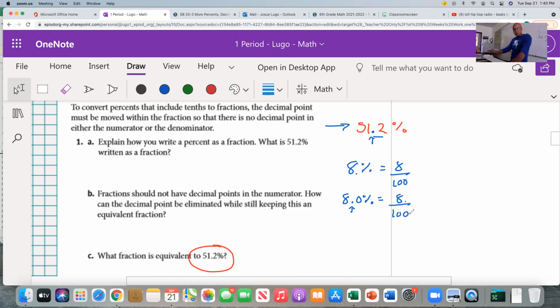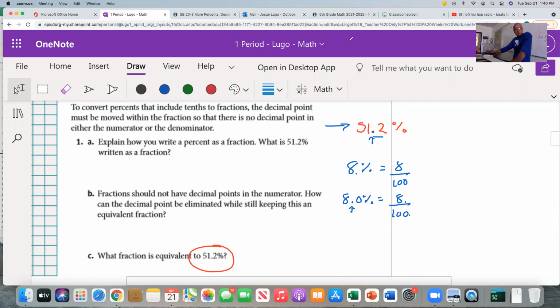In fact, the decimal is still there, even though there's no decimal value in the numerator or denominator. But yes, you can still put a decimal right there to express that there's nothing after the 8 of value, there's nothing after the 100 of value.